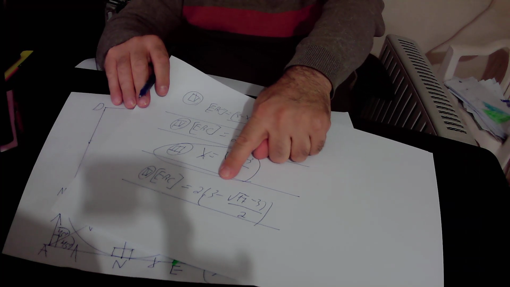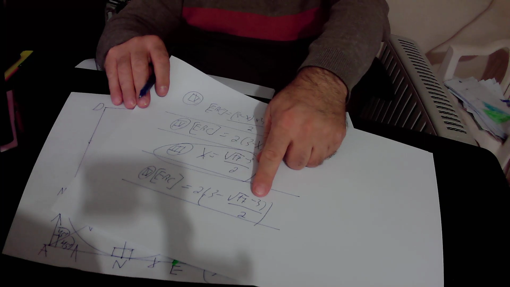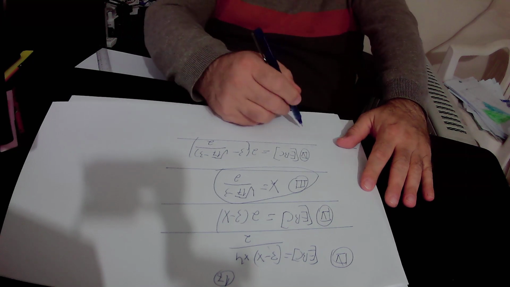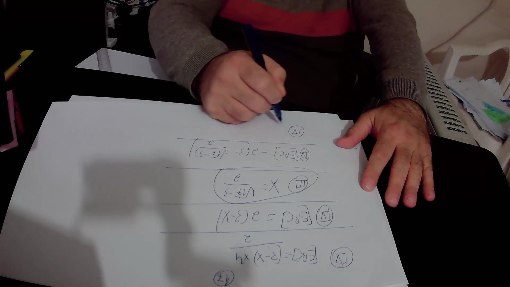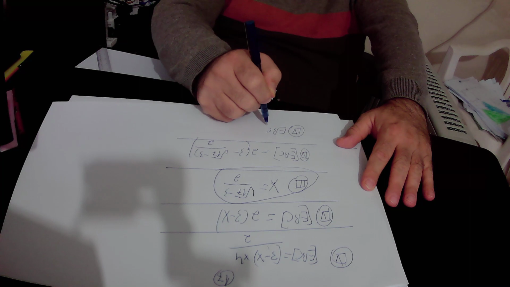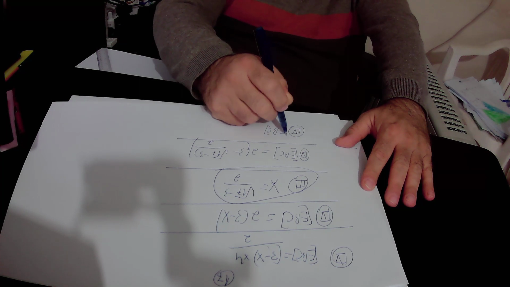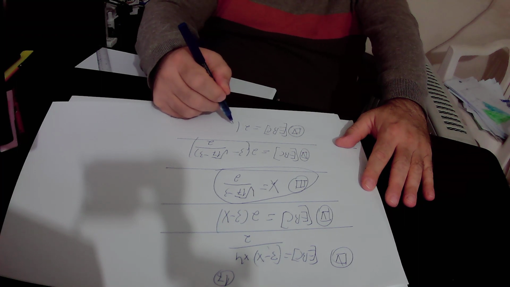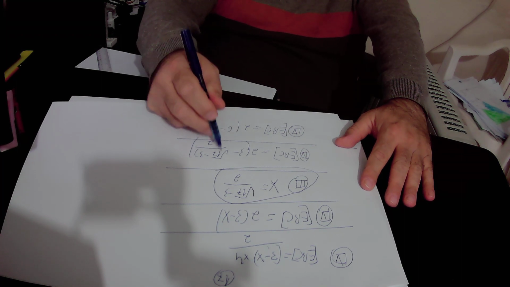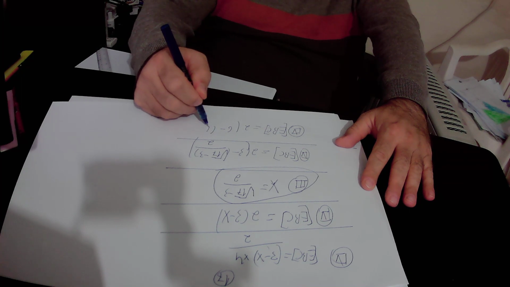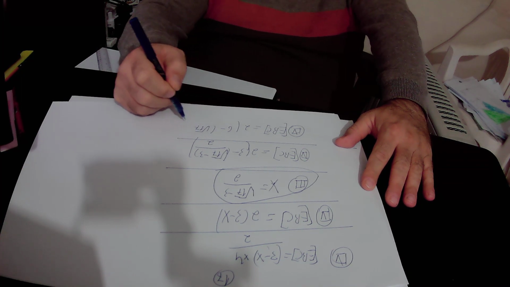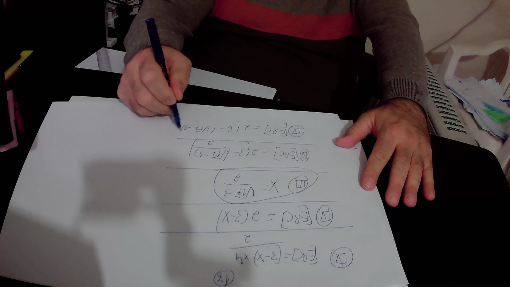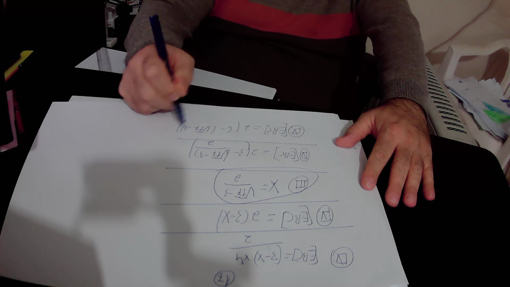Here we will multiply 3 by 2, and then divide it by 2 in order to have a common factor with this expression. According to equation number 4, the area of the green right triangle EBC equals 2 times the quantity 3 times 2 is 6 minus the square root of 17 minus 3, over 2.